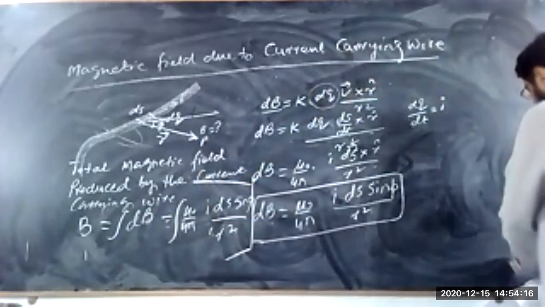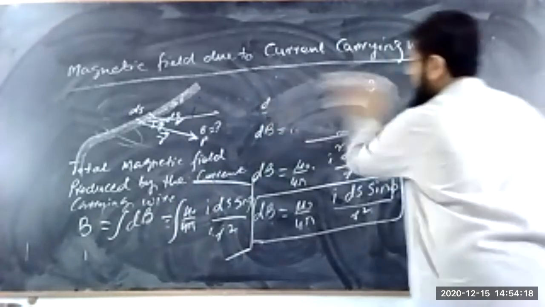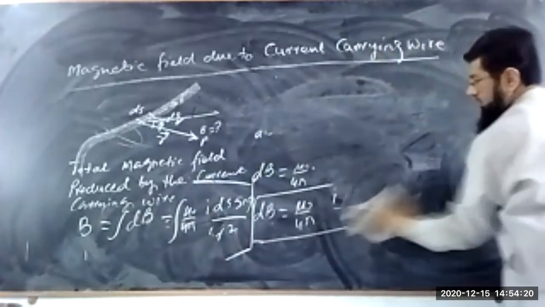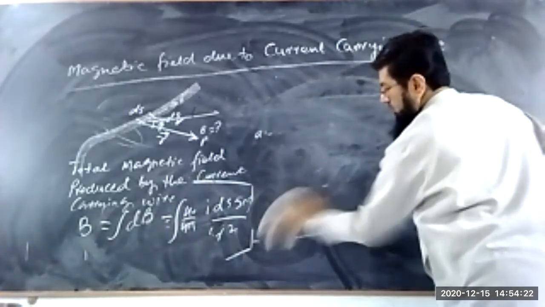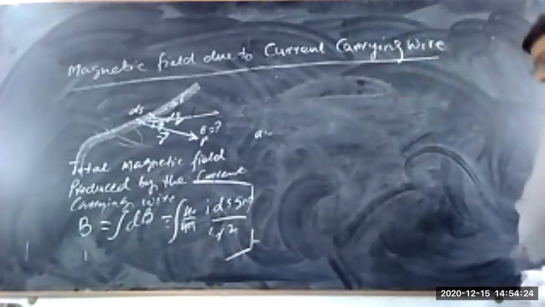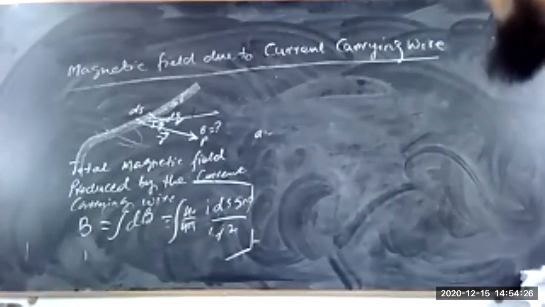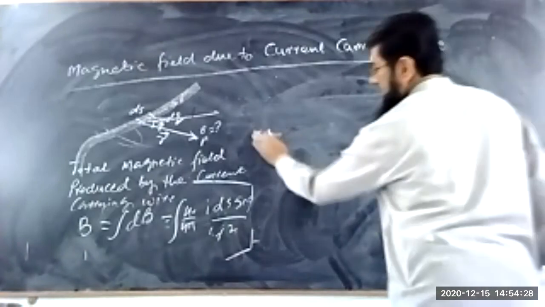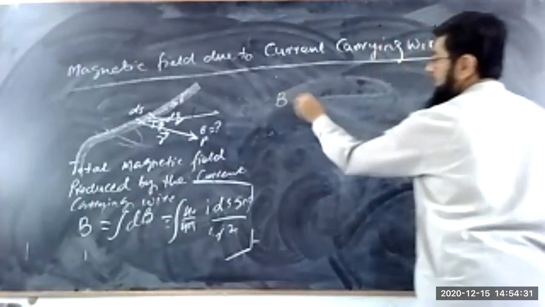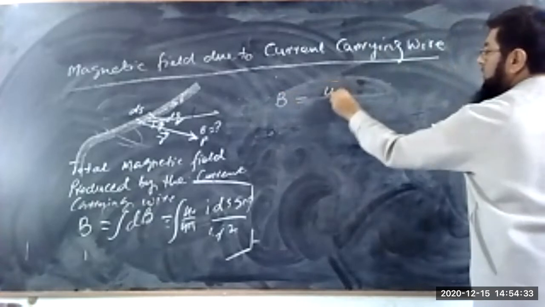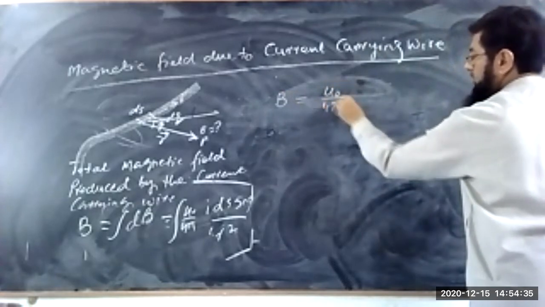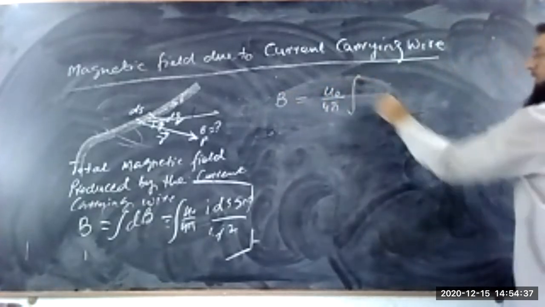So this equation can be rewritten as B is equal to mu naught over 4 pi, which is a constant and can be taken out from the integral.